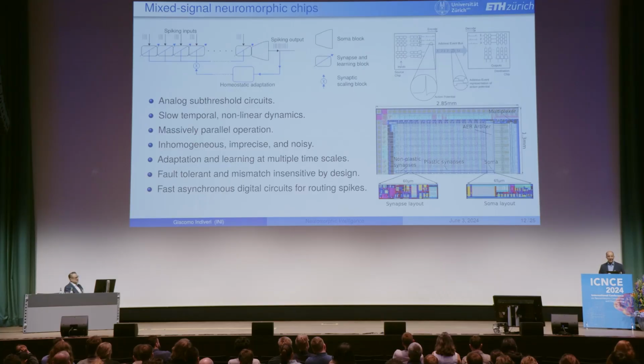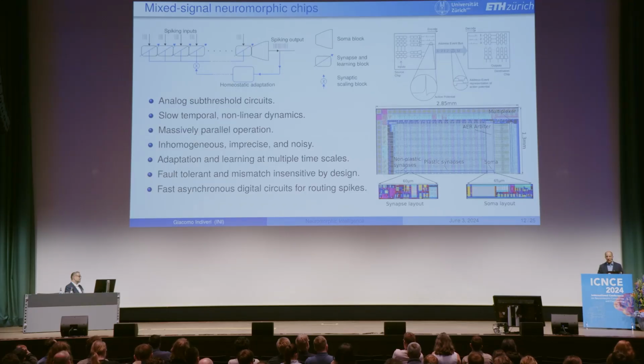And then there are routers, arbiters, asynchronous digital circuits that can manage the communication of these addresses, these spikes, and, for example, produce multi-layer networks, recurrent networks. You can have one sensor that can fan out to multiple destinations. You can have multiple sensors that can merge their spikes into one single receiver.